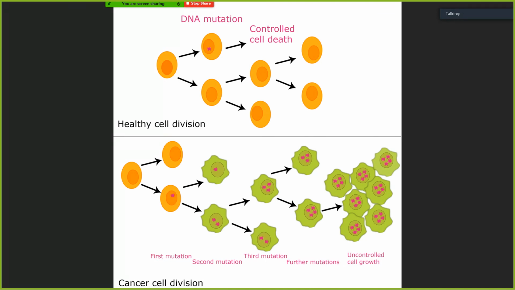Maybe there's a mutation that was supposed to stop it from growing, but the mutation is now causing it to grow, even though it's not really causing damage to the outside. It's just forming a lump and pushing against the outside, not invading. But that's the first step to get to cancer.